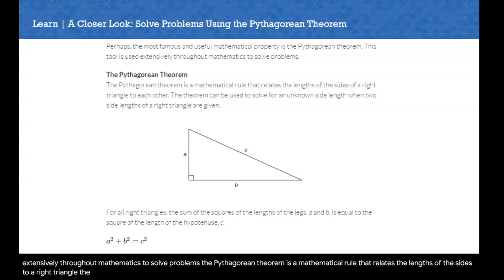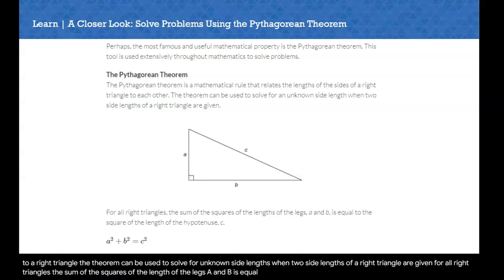The theorem can be used to solve for unknown side lengths when two side lengths of a right triangle are given. For all right triangles, the sum of the squares of the lengths of the legs A and B is equal to the square of the length of the hypotenuse C.